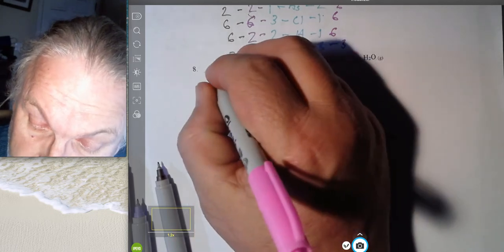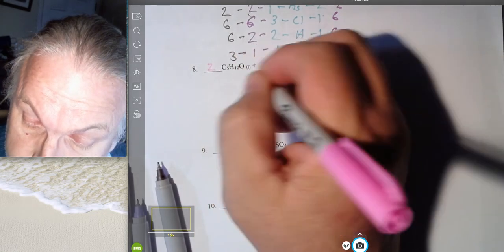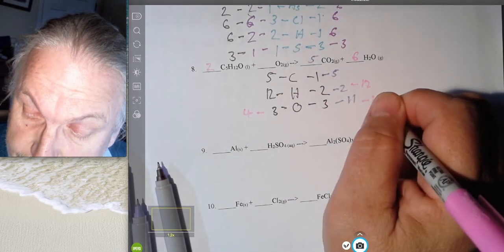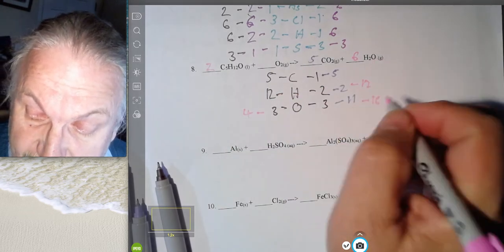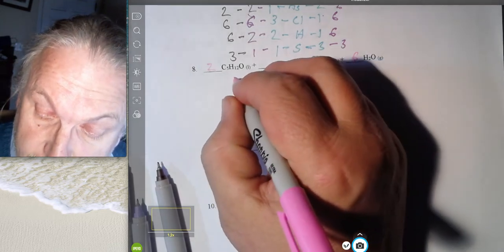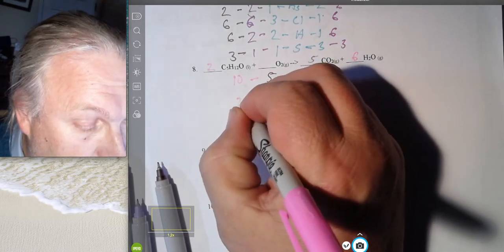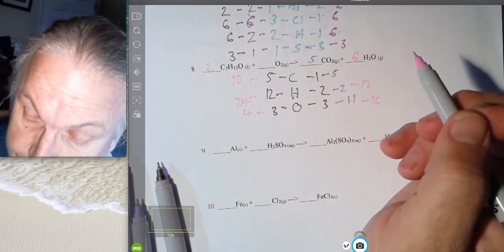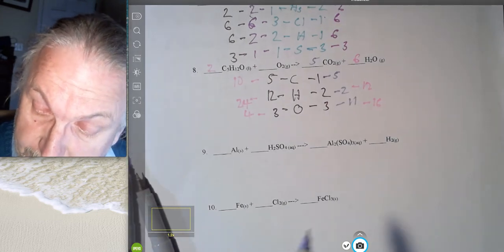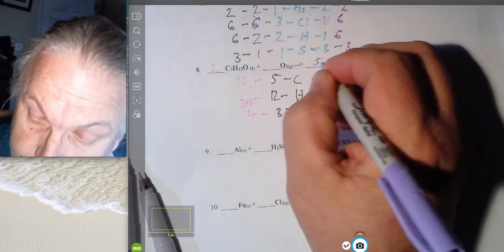Let's put a 2 here. That's going to give me 4 oxygens on this side. So we're getting closer. That's a factor of 16. That gives me a hint. But I have 10 carbons now, and I've got 24 hydrogens. So that won't do. So let's multiply this by 2.